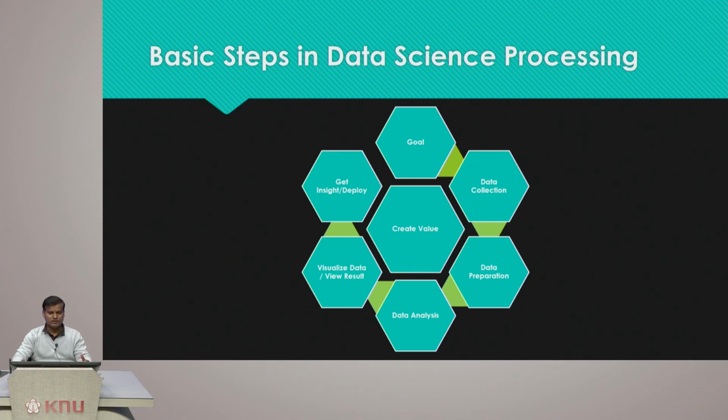So what is the question that you are going to raise is very important in this part. Once you know the objective, then you can go ahead and collect the information. For example, if your goal is about weather forecast, then you're going to collect the data related to weather. Then you're going to have a data preparation part where you are going to clean the unwanted data and so on. Then the next step is data analysis.